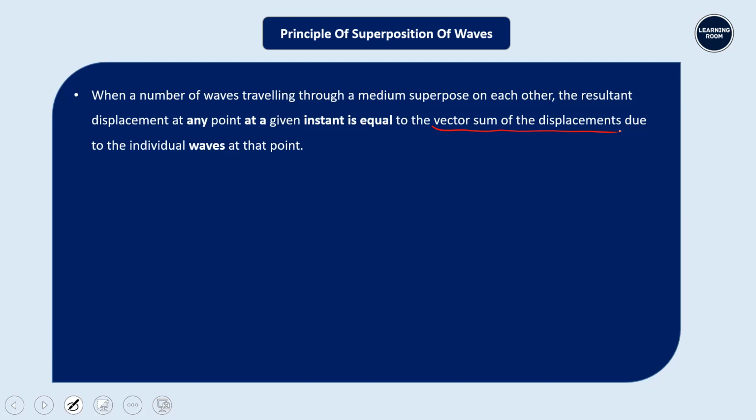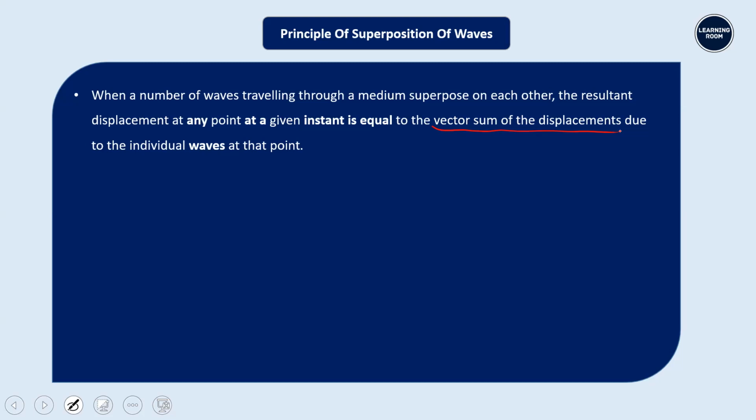When two waves are traveling in the medium and they superpose on each other, what will happen? The resultant displacement at any instant, at any point, is going to be the vector sum of the individual displacements which are participating in the superposition process. Is that clear?